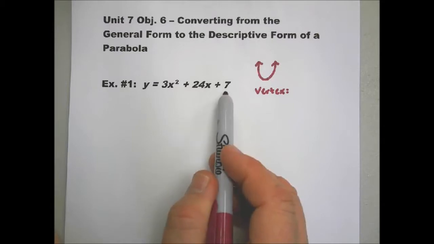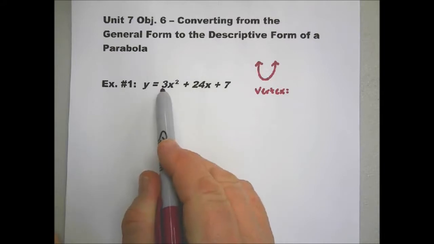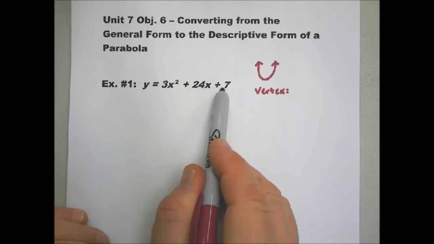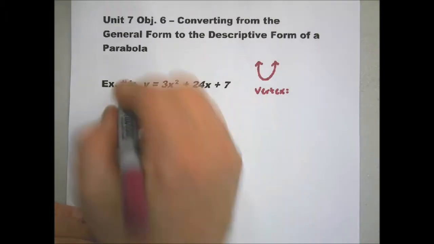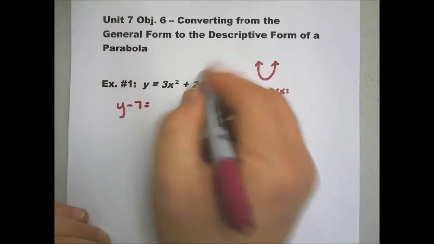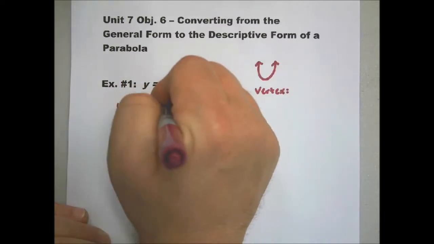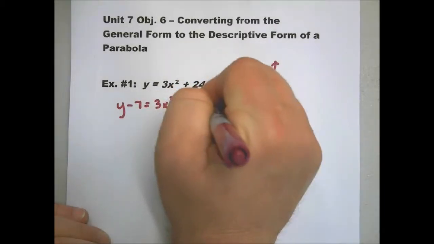Now, we've already completed the square earlier in this unit, but we haven't done it when there's a leading coefficient, so that leading coefficient is going to add one little additional step. The first thing we're going to do is get the constant over to the other side. So I'm going to move that 7 over here, and I'm going to have y minus 7 equals 3x squared plus 24x.